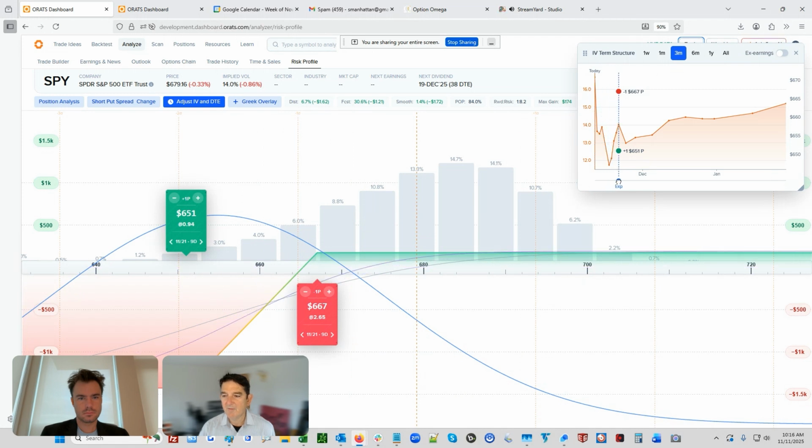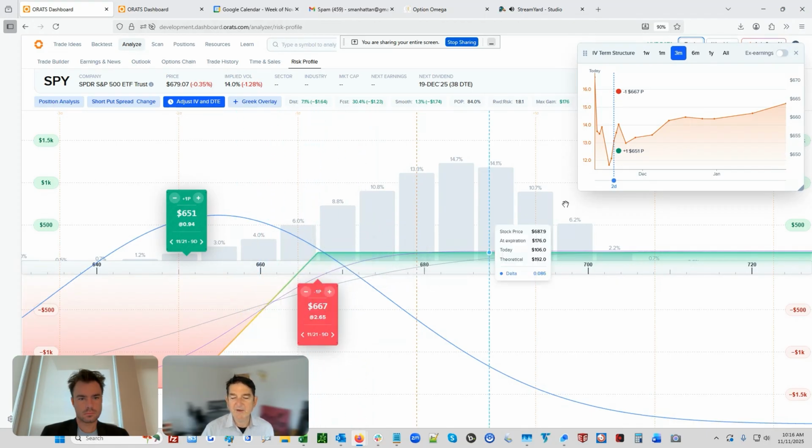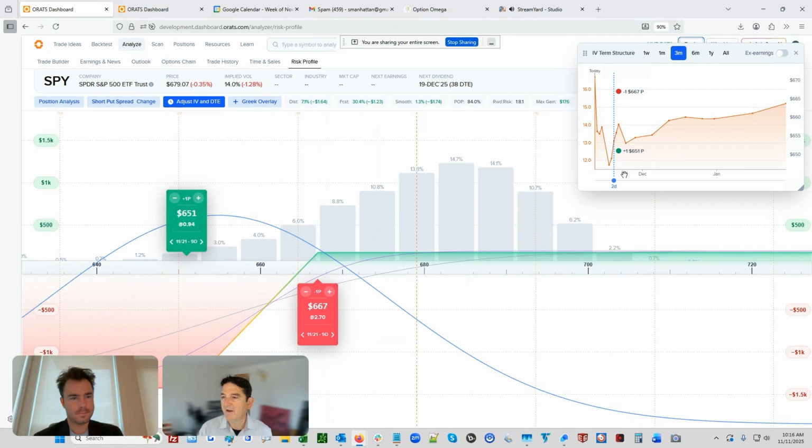You could see it moving toward the day before expiration. The purple line, which is the gray line, is today's profit and loss. The purple line is how many days you're sliding it out, and it gets closer and closer to the expiration line as you move towards expiration. Does that make sense, Tyler?